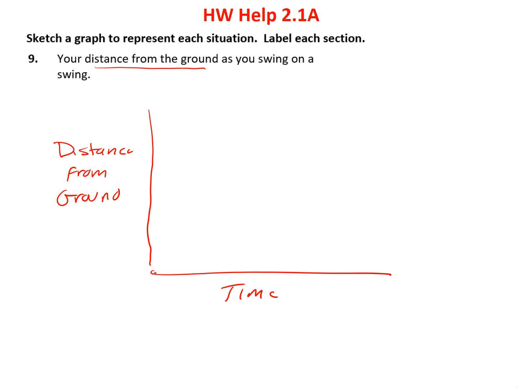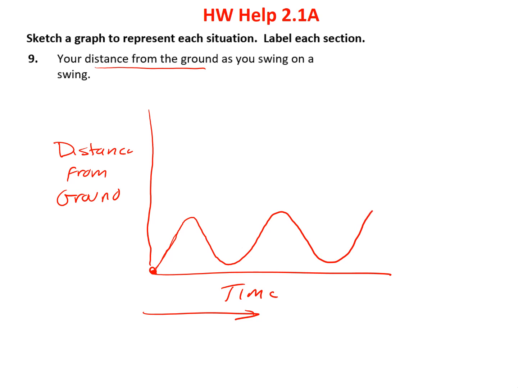Notice that as you begin the swing, you're going to be pretty much on ground level. But as you swing, you're going to swing up in the air, you'll reach a certain height. Remember, time is going by this way, so it's going up, and you reach a point there where suddenly it comes back down. And then you swing back up, and then you swing back down.